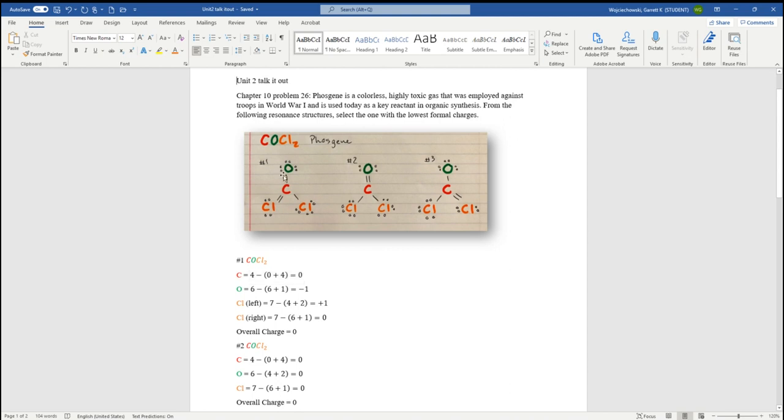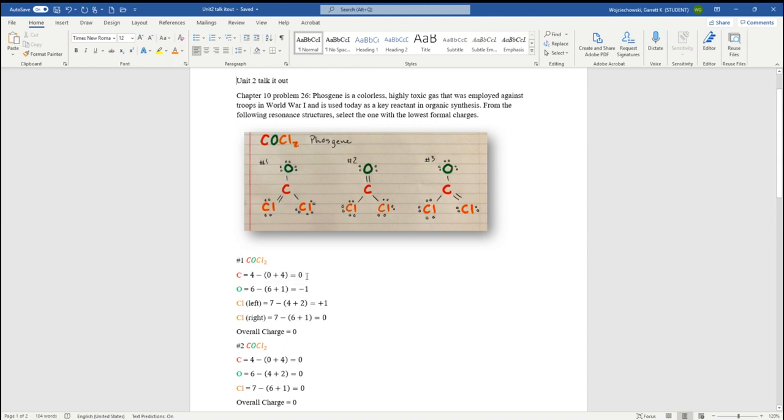These dots are the non-bonding electrons. Then you add those to the number of bonding electrons for that specific element. With carbon, these are the bonding electrons right here.